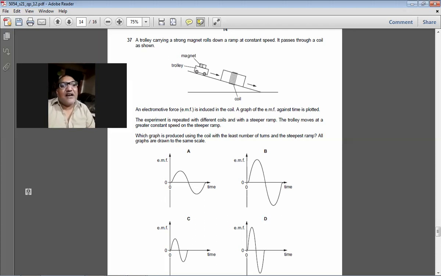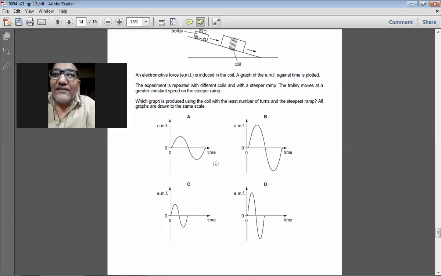And because the magnet is moving faster through that coil, the time period should decrease. So the time period should be least and the amplitude should be least.